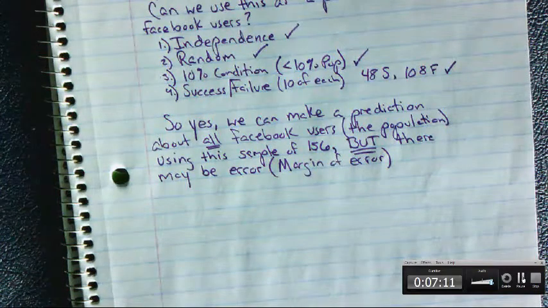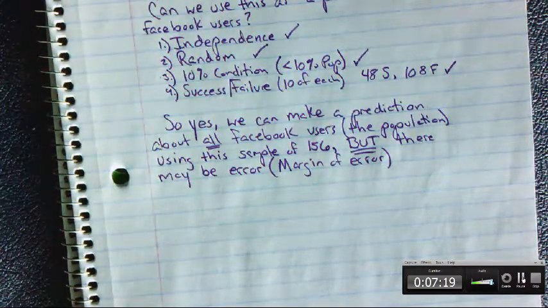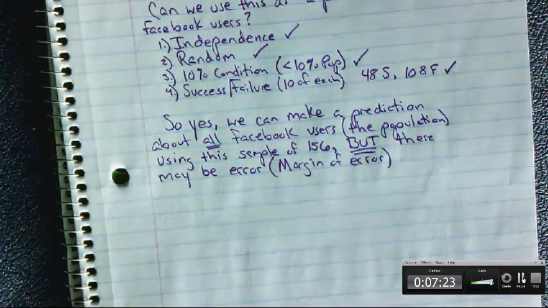Standard deviation. Well, standard deviation helps us create it. A 95% confidence interval. So if we want to account for the error, we create a 95% confidence interval. So we can't say, hey, we know this is how many Facebook users update daily, but we can say, based on our sample of 156 people, we are 95% confident that the number of people who do update is between this value and that value. So we can use a confidence interval to come up with that.